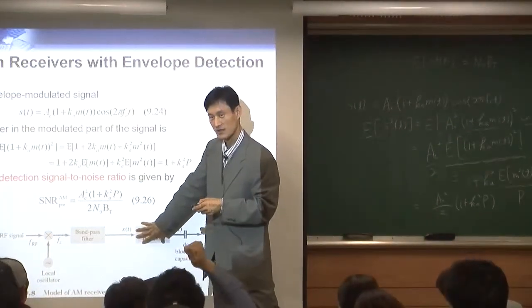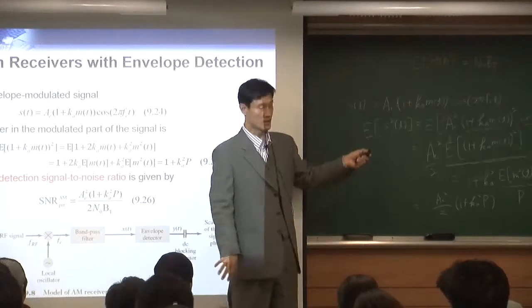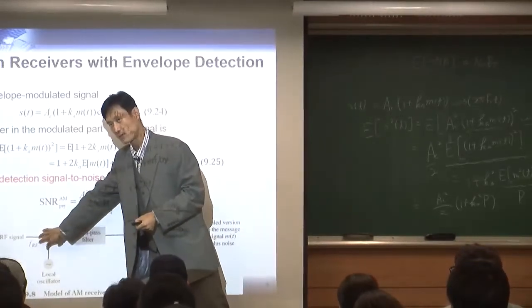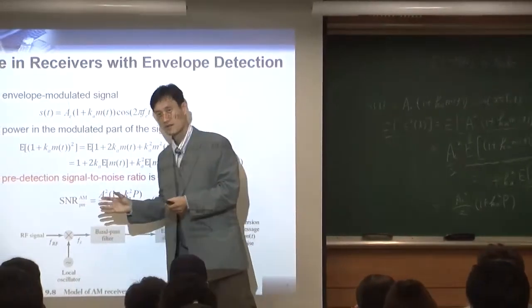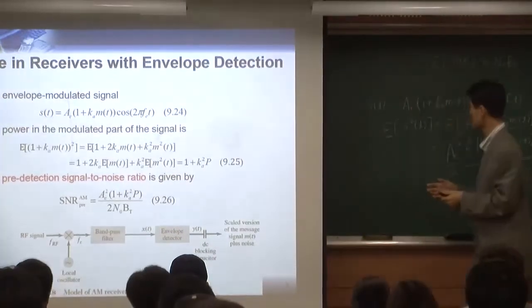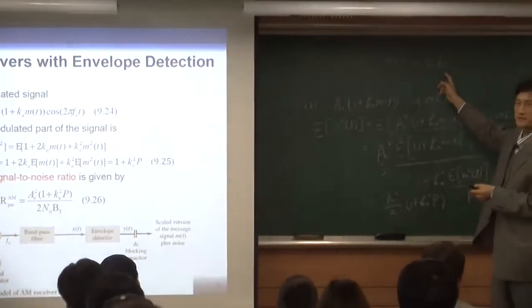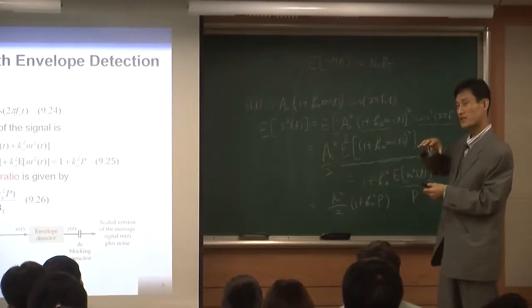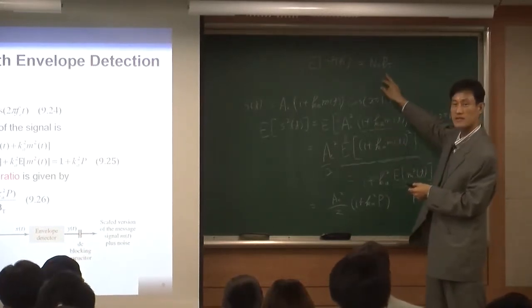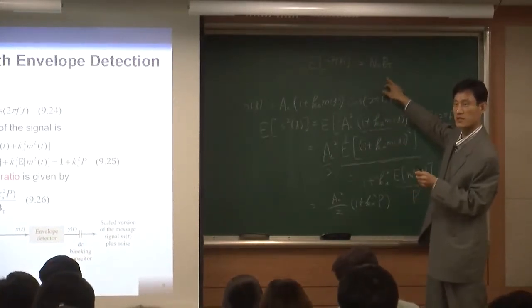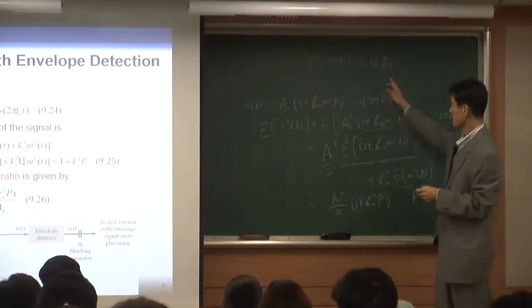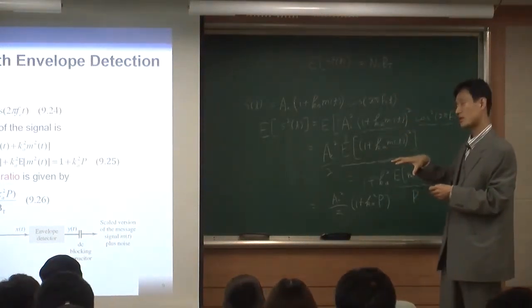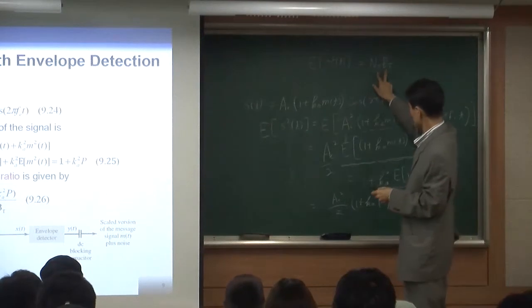Receiver is different. But this noise is measured at the passband, so it doesn't matter. So this is a noise power. In pre-detection, it's always going to be this, because that's before the demodulation. So that's the noise power.